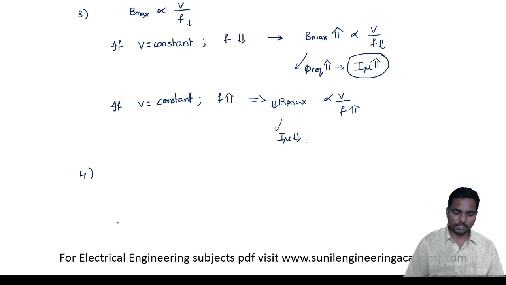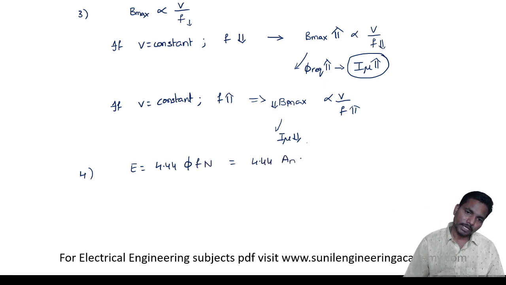And the next observation, EMF E is equal to 4.44 phi F N. I am substituting phi as A B, so E is equal to 4.44 A B max F N. Now in this case, if flux requirement is constant, then A B is equal to constant, correct?